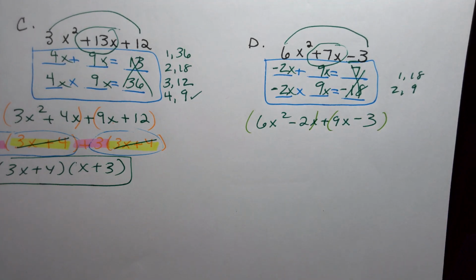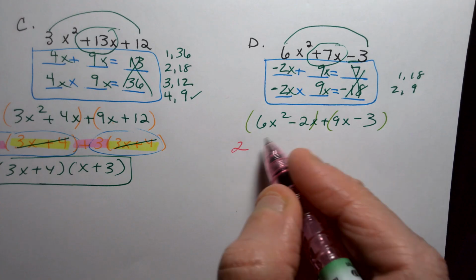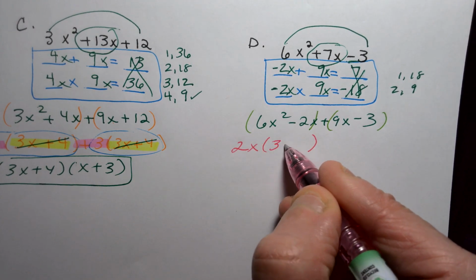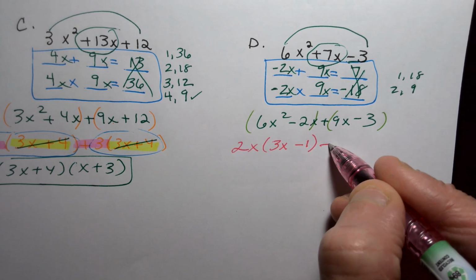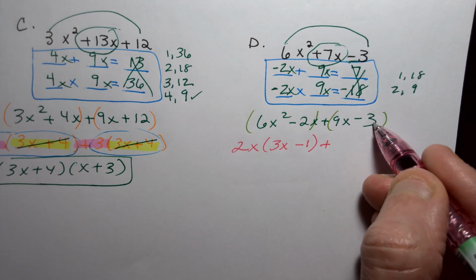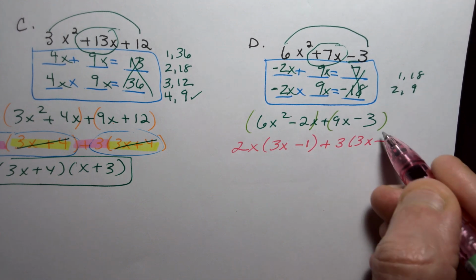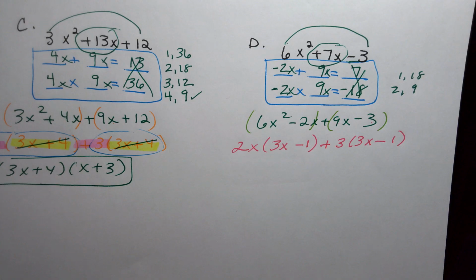I can take out a 2 out of the 6 and the 2, and I can also take an x out. So this I can do. I'm left with a 3x minus, I took the whole 2x out, so I put a 1. 9x minus 3, I can't take any x out, but I could take a 3 out, and I'm left with 3x. And again, I took that 3 out, but I replaced it with a 1.